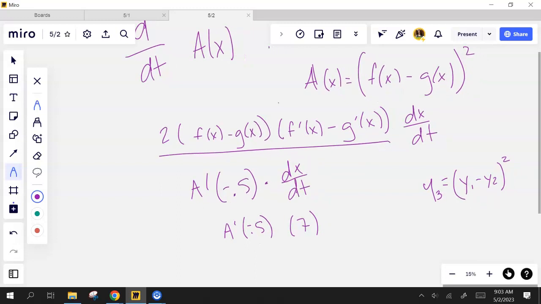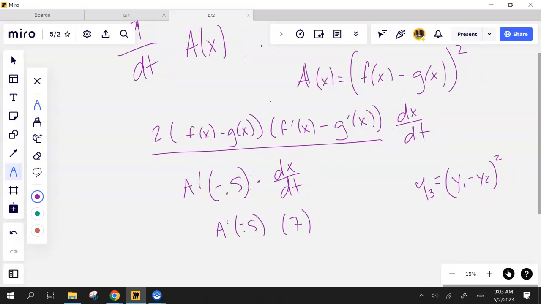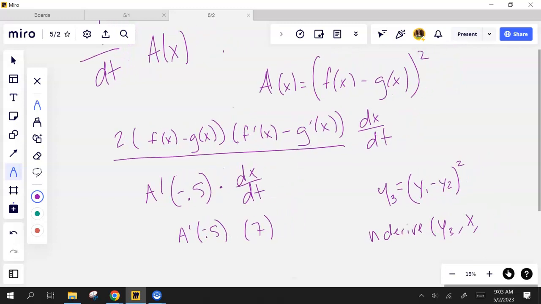You've been referencing the same equations the whole time. Then I would use nDeriv for y sub 3 with respect to x at negative 0.5, and then multiply that by 7.